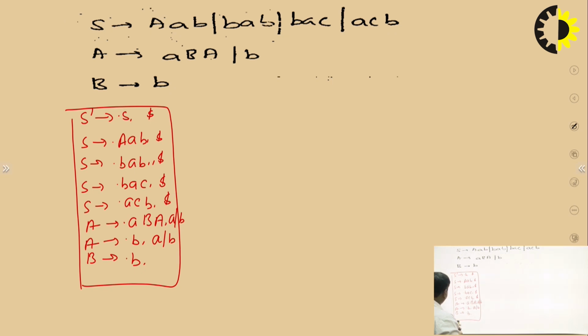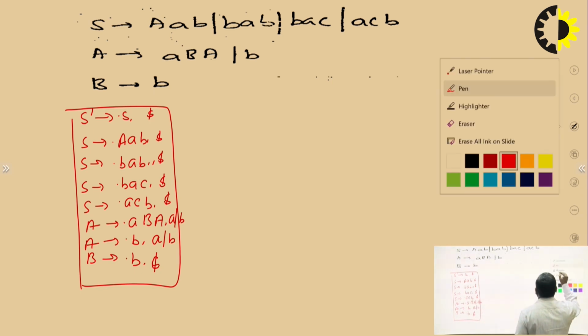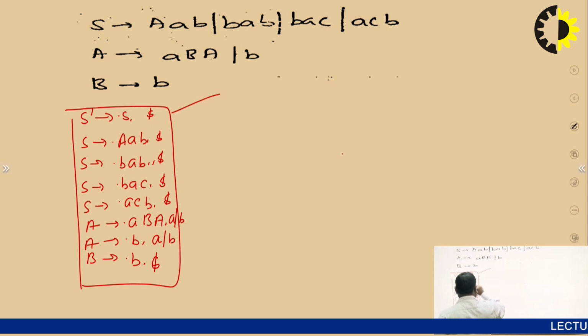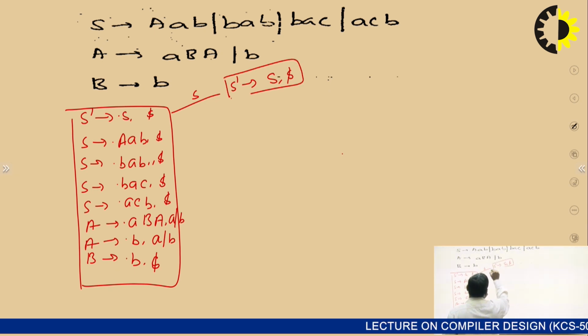No, the first of B is written here, and there is no such production for B. So now simply this is the dollar, and we explore this production by the rule for CLR parsing. Now this production is very simple. Here S tends to this one, and the look-ahead symbol is dollar. That is your final step.